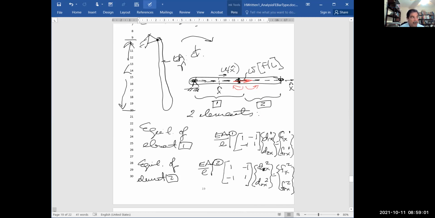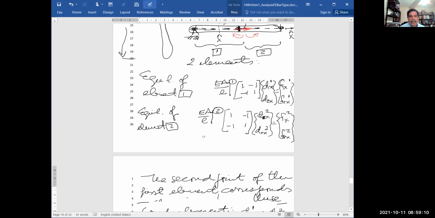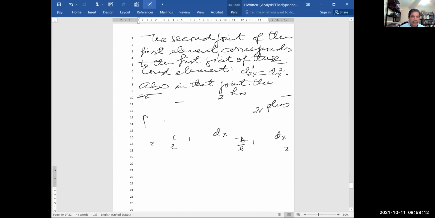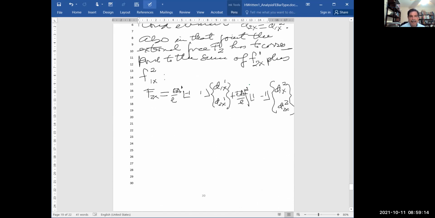And this one here is in trouble because this is the second for one and the first for the other. So in order to avoid these problems, we're going to establish a common labeling of elements.